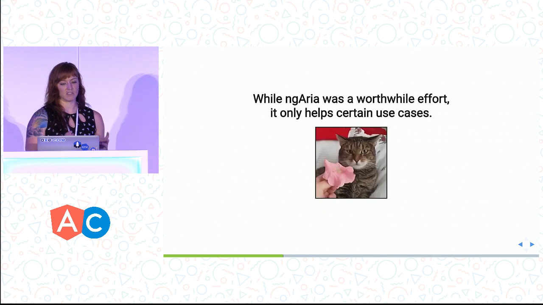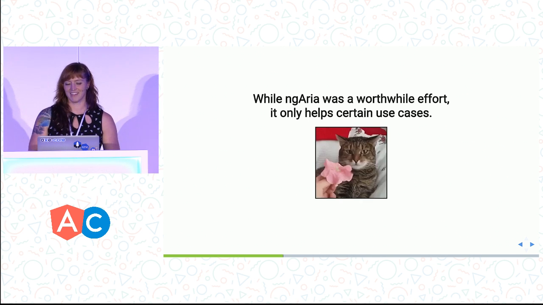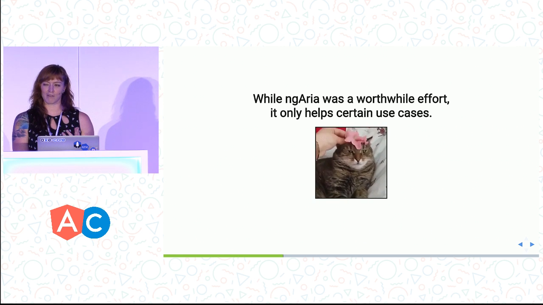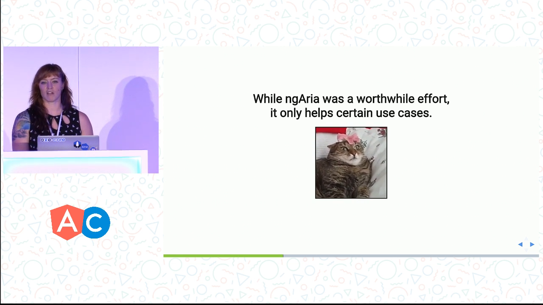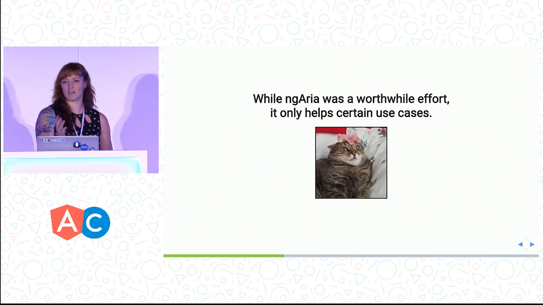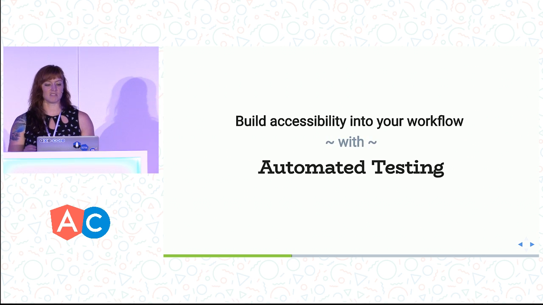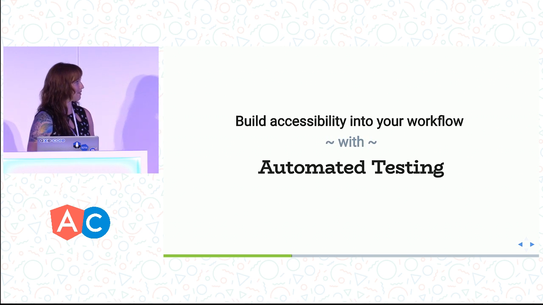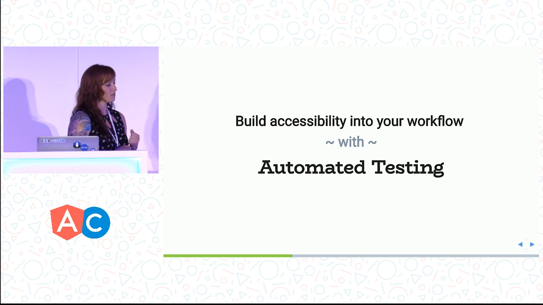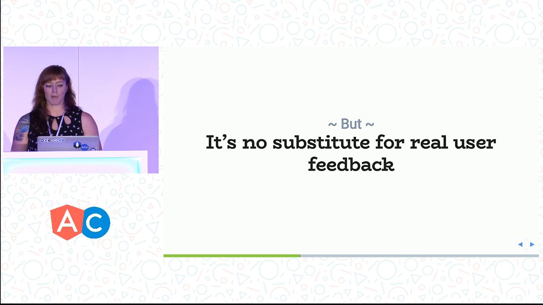And so having seen this actually get adopted and how it got used and abused, I'm not quite recommending that we use it anymore. I'd rather have you use native HTML first, see how far you can get with that, and you might not even need to include ng-aria at all. So instead, and this is what we're here to talk about, I want to encourage you to build accessibility into your workflow with automated testing, remembering that it's no substitute for user feedback.